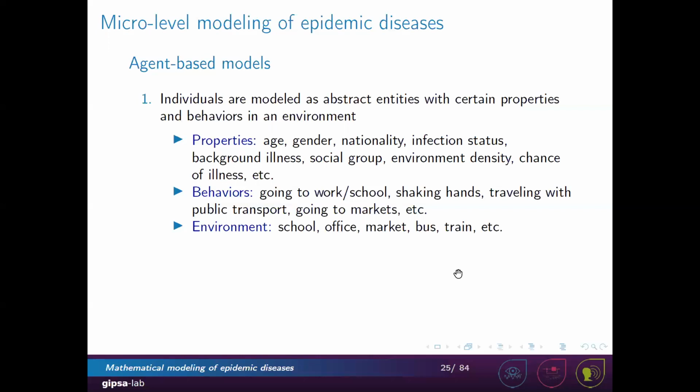Depending on the pattern of activities and interactions in society, a person can become infected, or let's say the chance of infection can increase or decrease over time. An individual may have a background illness, may belong to different social groups.